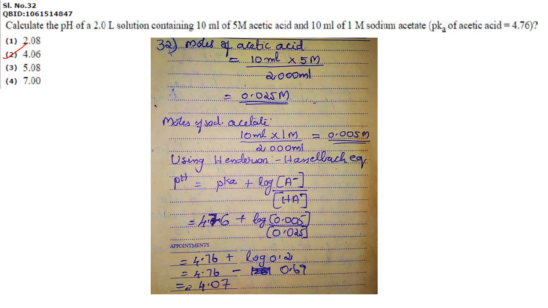That will give you 0.025 molar. Then for sodium acetate, you will get 0.005 molar. Substitute, with the pKa of acetic acid already given, and you will get the answer as 4.06. So the correct answer here is option 2.